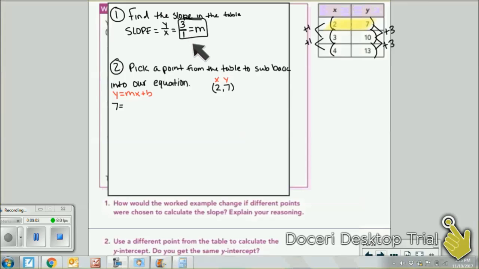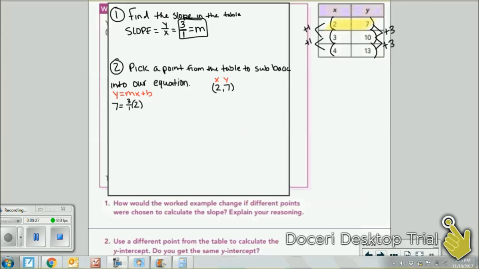M was 3 over 1. Okay, so it's going to say 7 equals 3 over 1. Okay. Then instead of x, we use the value of x in our ordered pair, which is a 2. Remember, we can't leave the 2 like this. They have to be separated. 3 over 1 and the number 2 can't be next to each other. So we use parentheses around them.